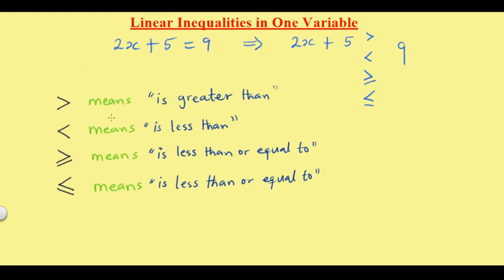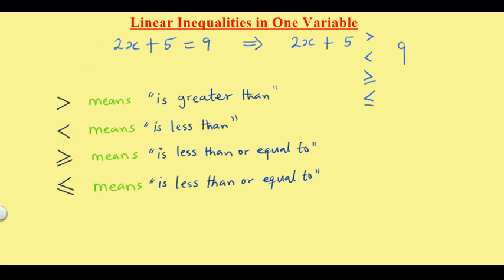So greater than, less than, greater than or equals to, less than or equals to: these are signs that we are familiar with before now. So when we have two expressions being compared to each other using an inequality sign, we say we are dealing with linear inequalities.